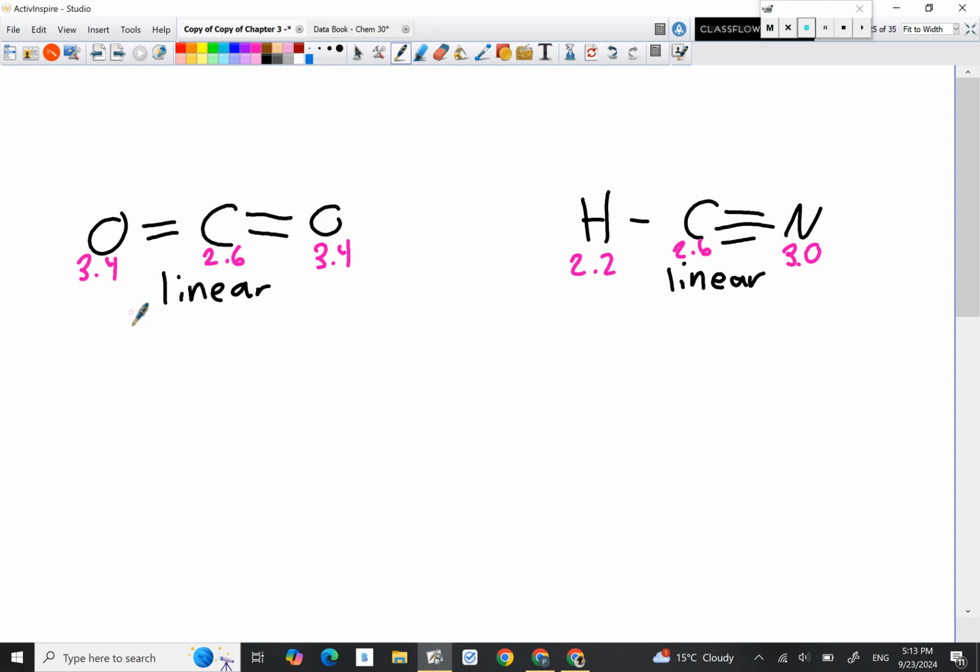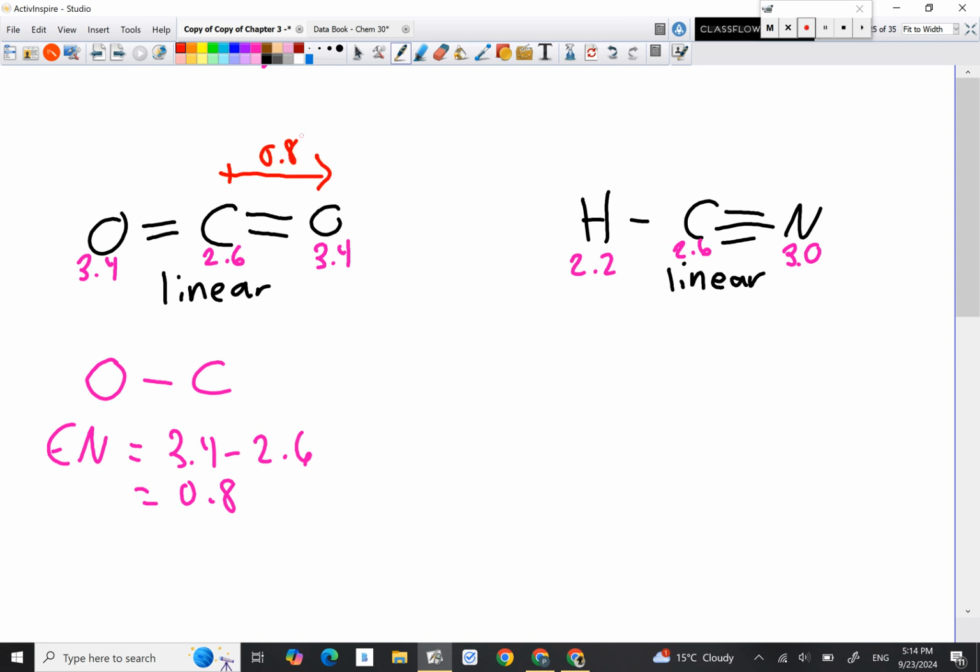Now, when we look at the oxygen and carbon bond, the electronegativity difference should be 0.8, if my math is correct. I'm just going to put this in a different color. So if we want to look at vectors, the bond right here between this carbon and this oxygen is pulling with a strength of 0.8.